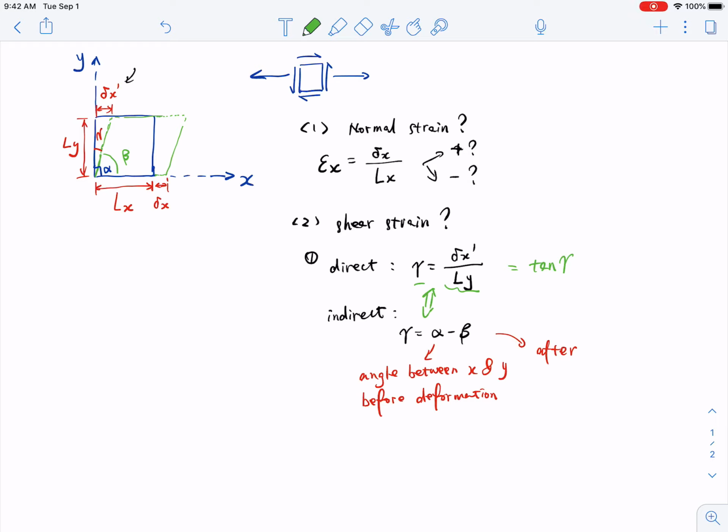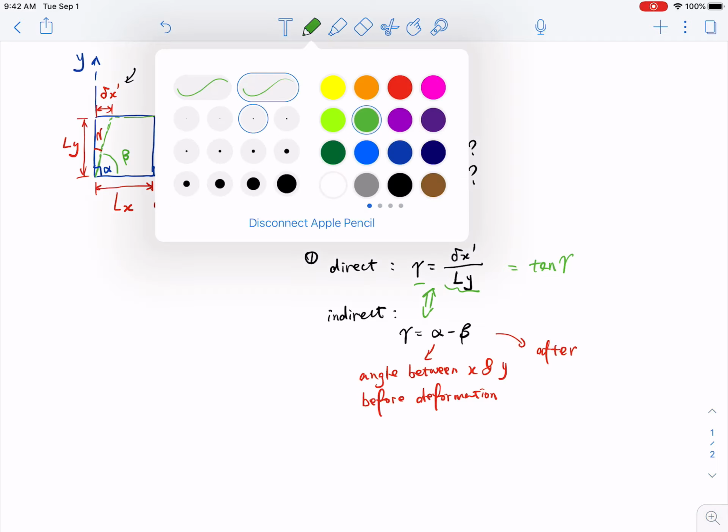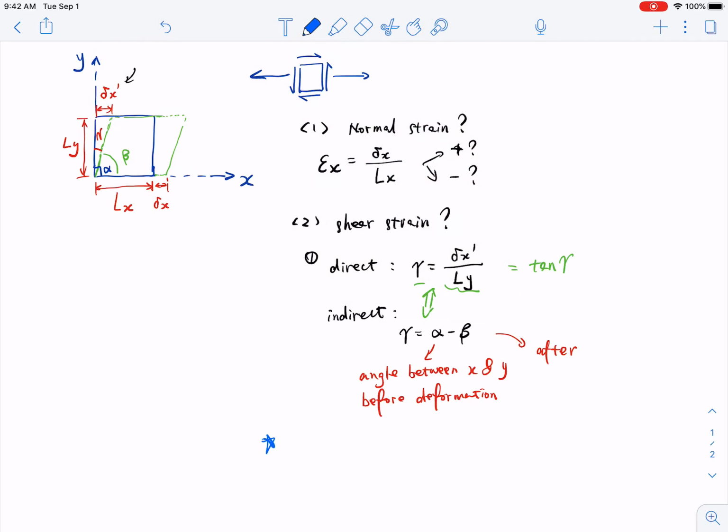So this is one of our very important basic assumptions in mechanics of materials, the small angle, small deformation assumption. We only consider this when the deformation is very small.